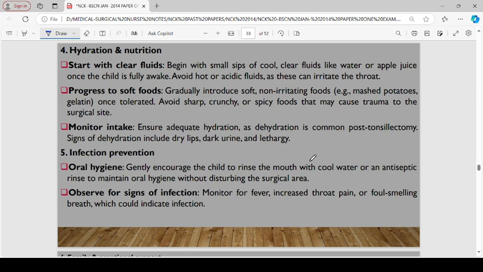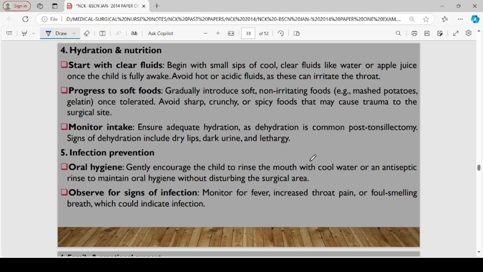You avoid sharp, crunchy, or spicy foods that may cause trauma to the surgical area. You ensure adequate hydration, as dehydration is very common post-tonsillectomy. Signs of dehydration could include dry lips, dark urine, and lethargy.